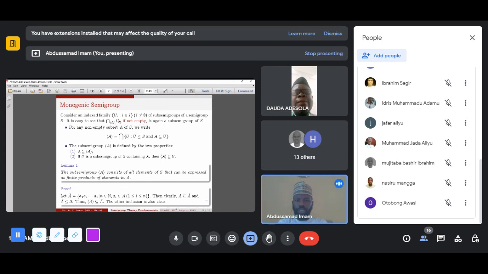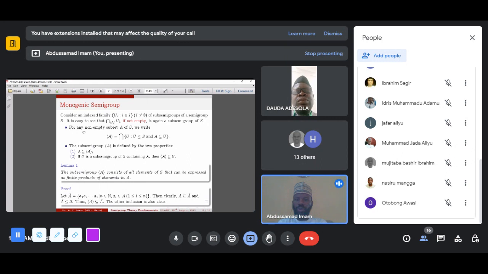So whenever the intersection is not empty, then the intersection is again a sub-semigroup. This is a simple fact that can be proven, because if you take any two members of the intersection, the product will still be in the intersection, given the fact that the members of the family are sub-semigroups.